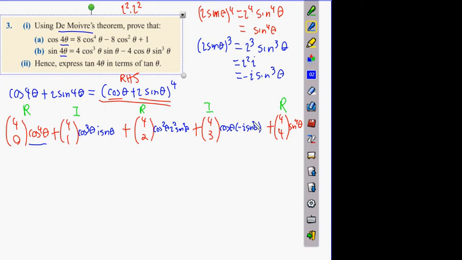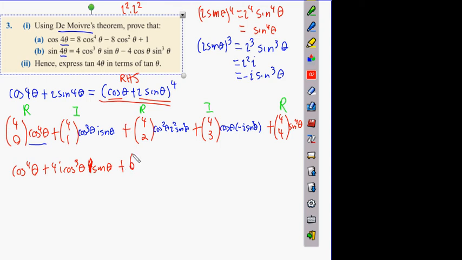Now, I go to my calculator, I put each one in. This one's going to be 1, so it's going to be cos⁴θ. The second one is going to be 4i cos³θ, oh wait, the i's already there, so sin θ. Okay, that means nothing there. 4C2 is 6, right?